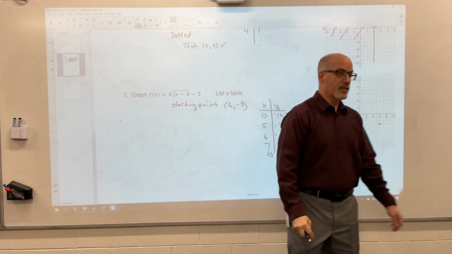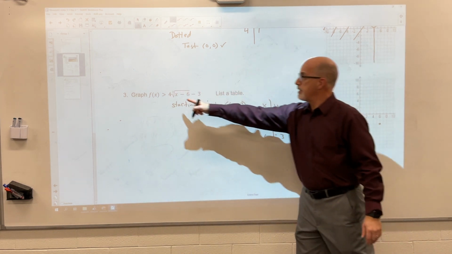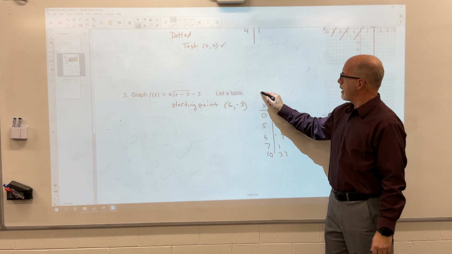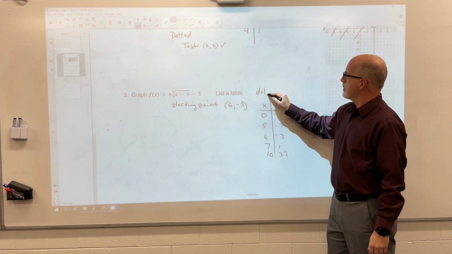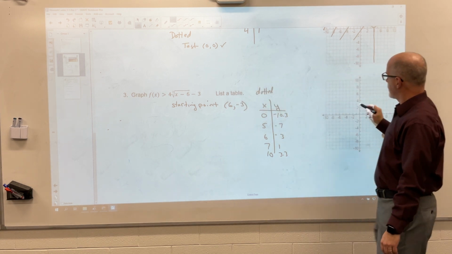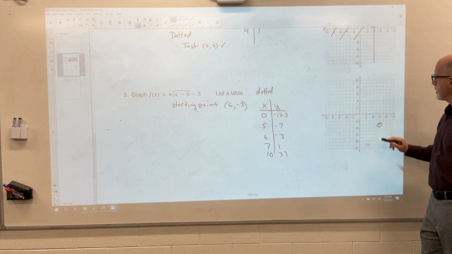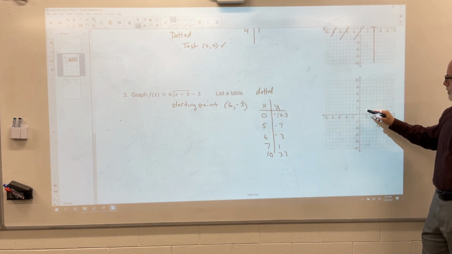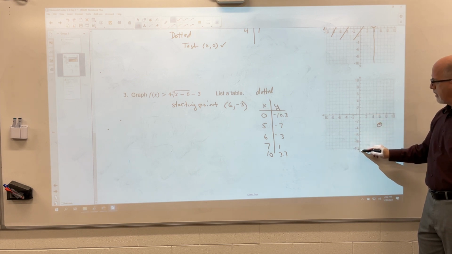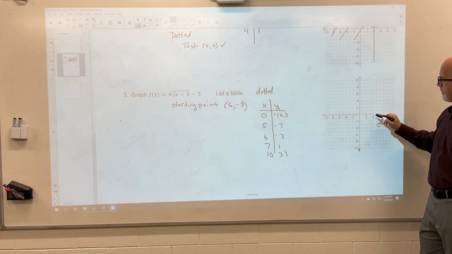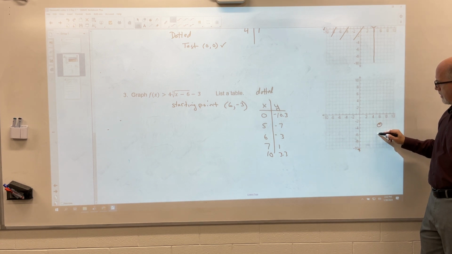Let's plot those. It's going to be dotted because we've got just a greater than. So we need to make this an open dot when I plot the 6, negative 3. So open dot. 0, negative 10.3 down here. 5, negative 7 down here.